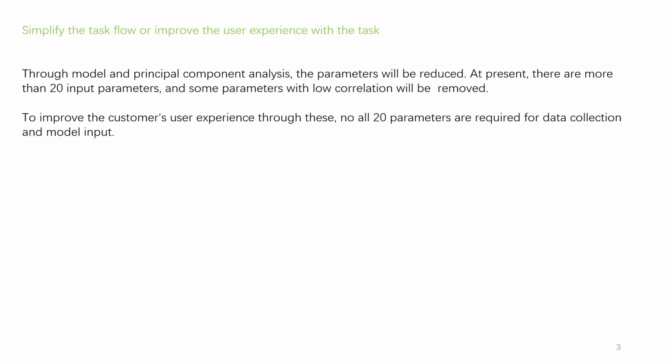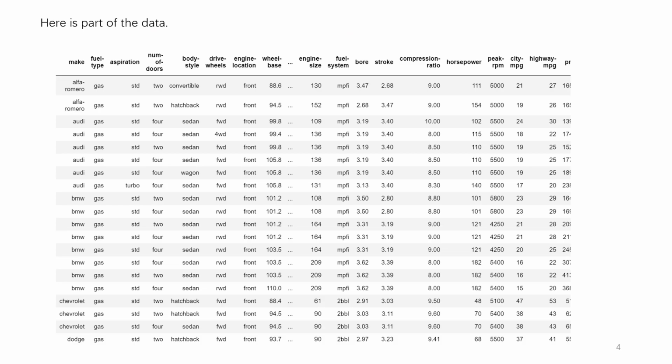To improve the customer's user experience, not all the 20 parameters are required for model input or data collection. In the first part of the data, you can see around 10 parameters here, but actually there are more than 20 in the database.